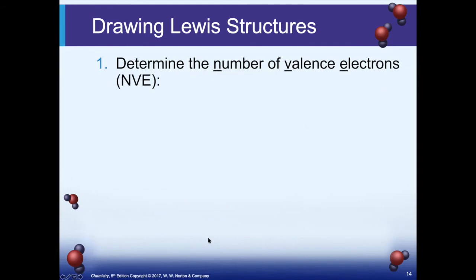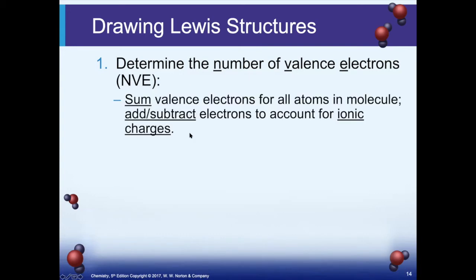Okay, so there are some step-by-steps when drawing Lewis structures for compounds, and I'm just going to go through those step-by-steps, and then we will do some examples, and I'll get you guys involved in this real soon. So the first thing you need to do is determine the number of valence electrons in the structure as a whole. NVE stands for number of valence electrons, okay?